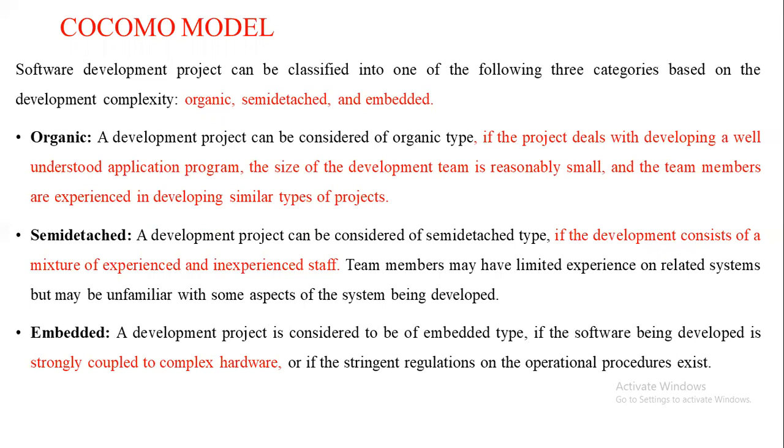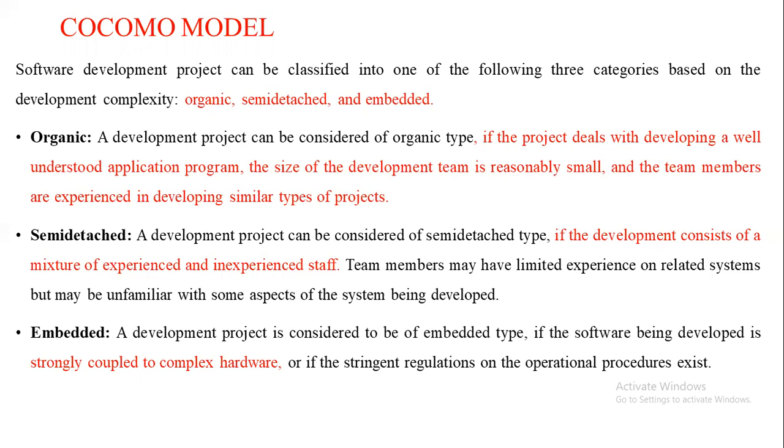When a project has a well-defined objective, the team size is small, and all the team members have good experience, having done similar types of projects, Boehm classified such a project as an organic project.